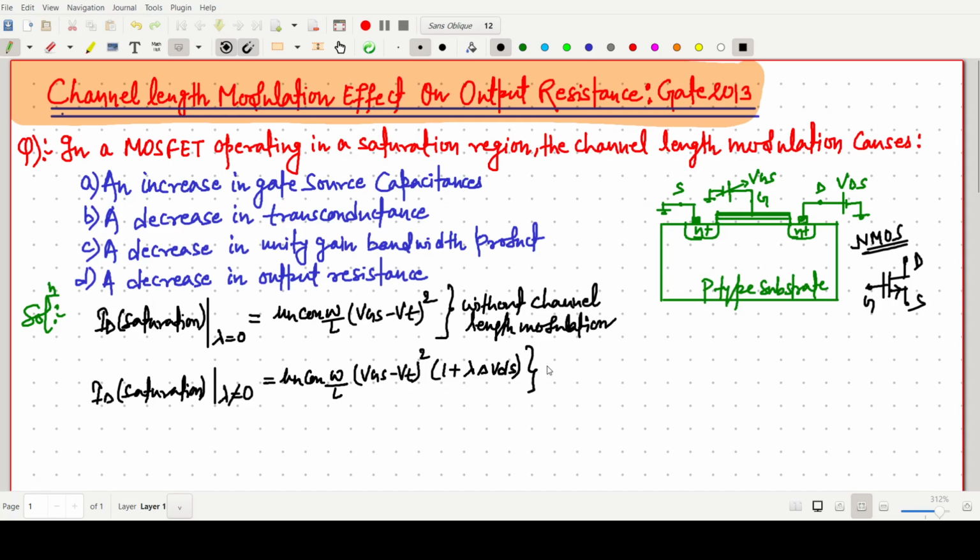So this one is with channel length modulation. In one of my videos I have already derived this formula, so everyone knows this one.